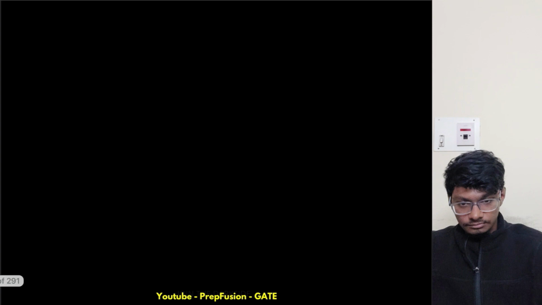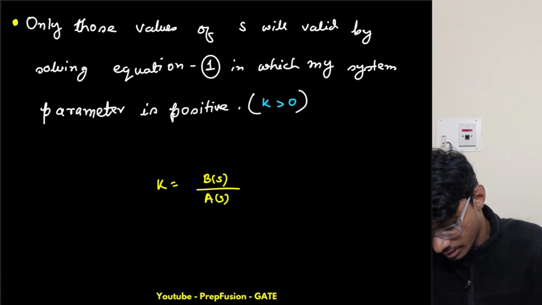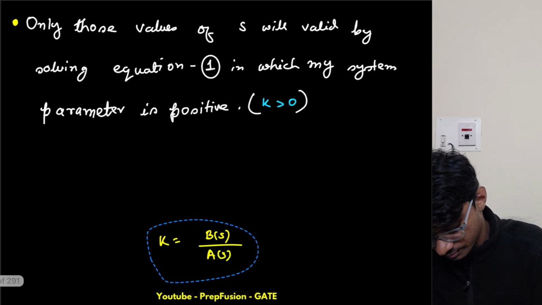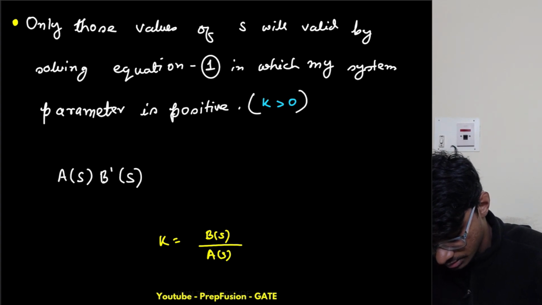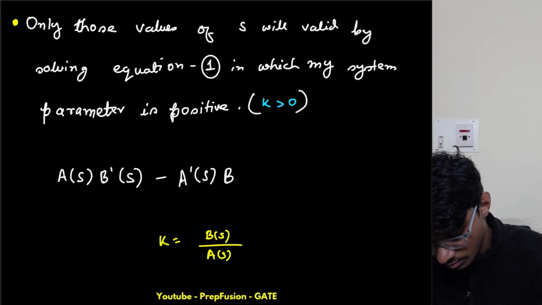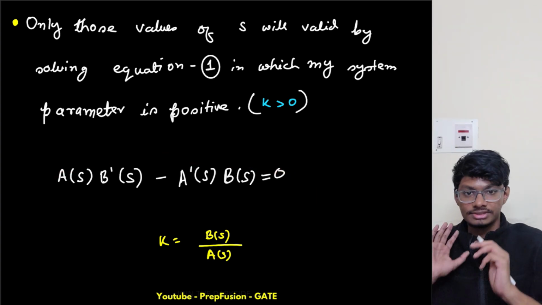Now let's simply use that equation. Sorry, I didn't write equation 1. My equation 1 was a of s b dash of s minus a dash of s b of s, sorry for my mistake. This is the condition for my breakaway or break-in point; this equation has to be satisfied.